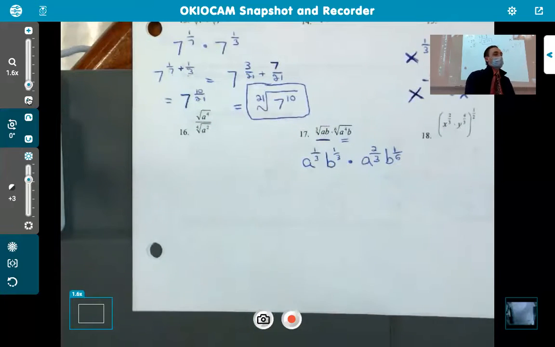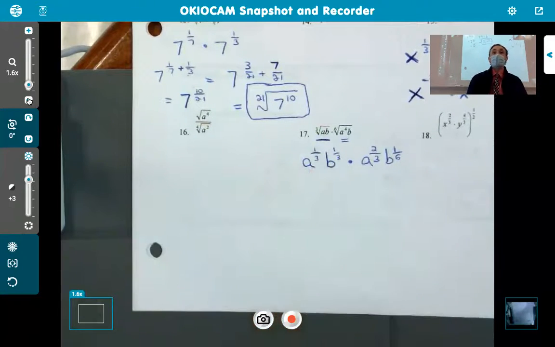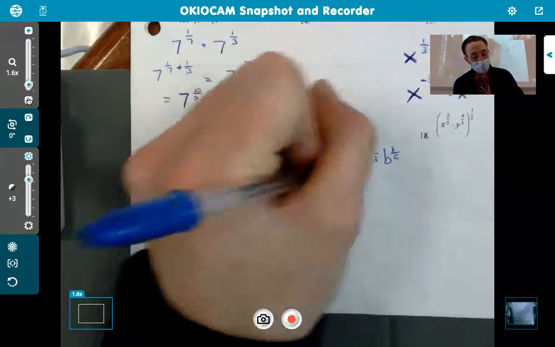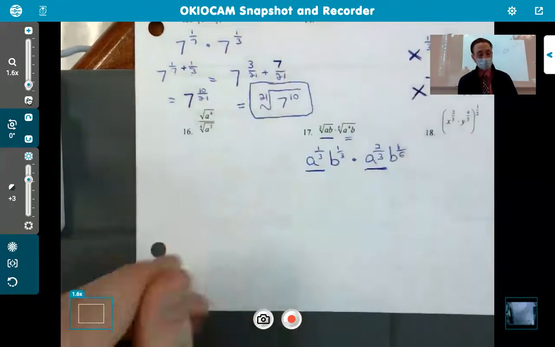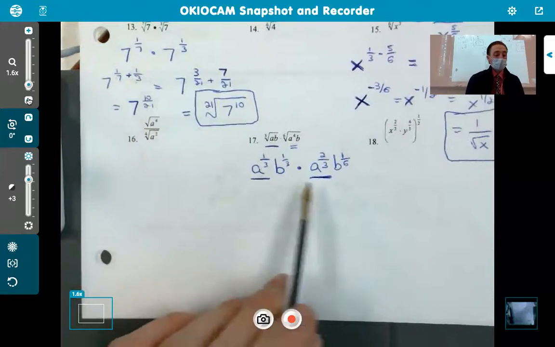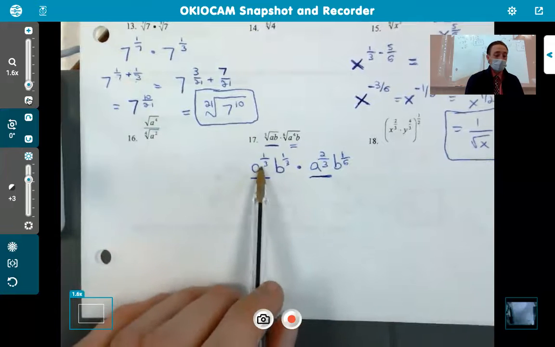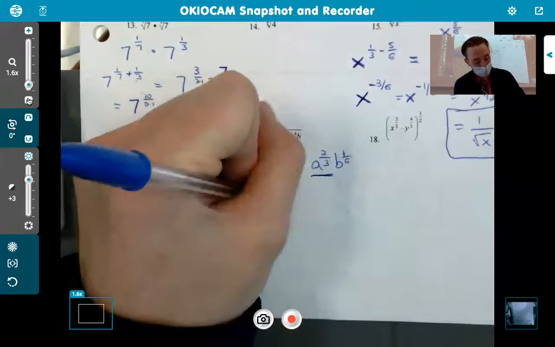Well, one thing that we talked about yesterday in class was I can only combine things that have the same bases, right? The bases need to be alike in order for me to use my exponent rules, right? So with that being said, I'm going to take this step by step here. And I'm just going to work with the a's. I'll have a to the 1/3 plus 2/3 because I'm multiplying, right?